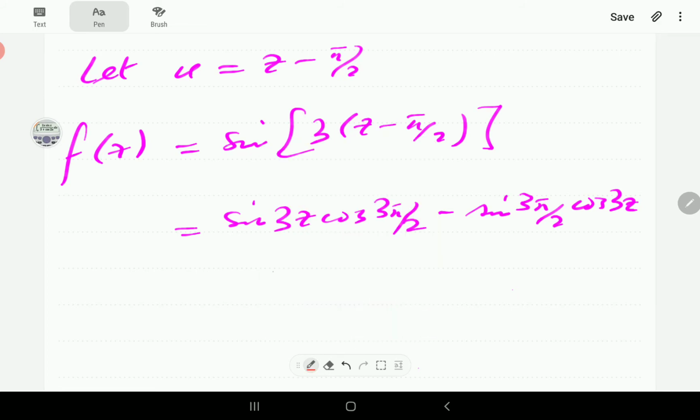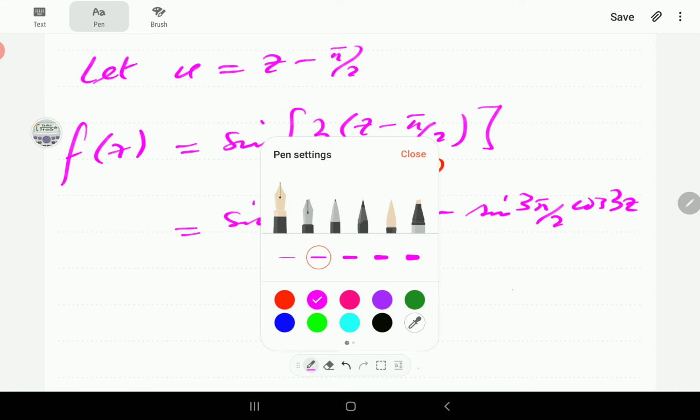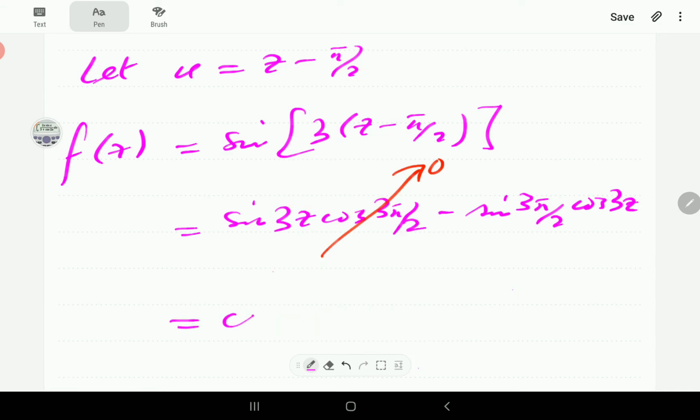So that means this term here is 0. And sine 3 pi on 2 is going to be -1. So that means what we have here is simply cosine 3z.